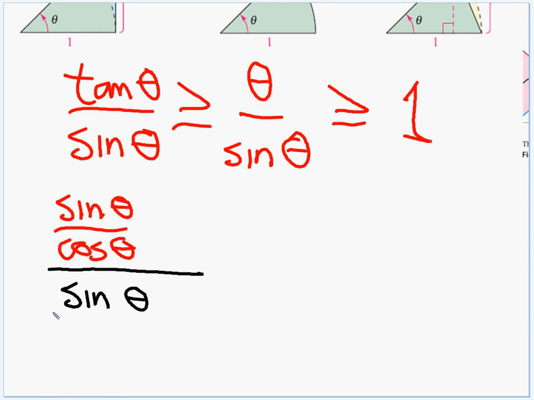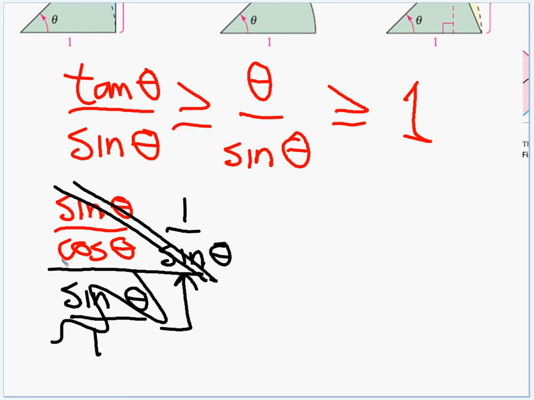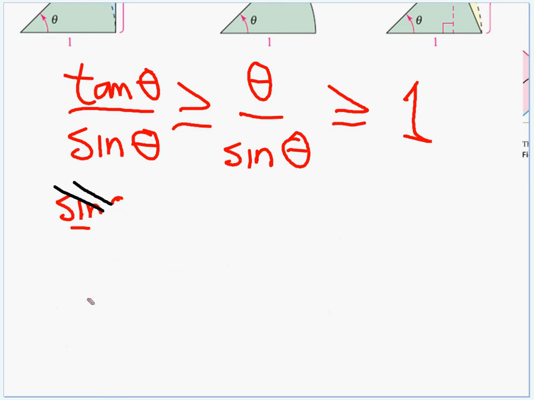So we've got sine over cos all over sine. Remember that sine we can put over 1, bring it up, and flip it. So now we bring it up, we're going to multiply by 1 over sine. Ooh, and look at that. The sines on the diagonal cancel. So what we're left with here is 1 over cos.